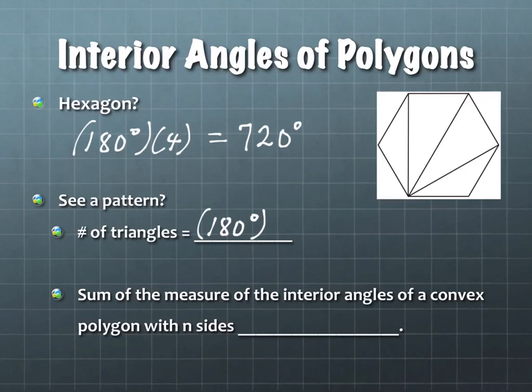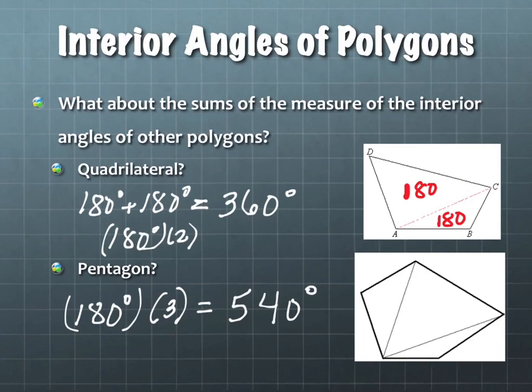And how many triangles do I have? Well, when there were 6 sides, there are 4 triangles. When there were 5 sides, there were 3 triangles. When there were 4 sides, there are 2 triangles.